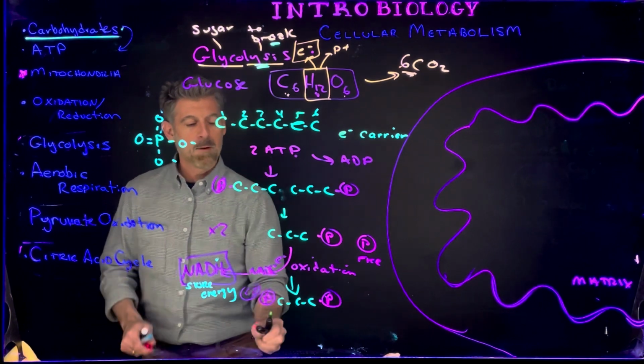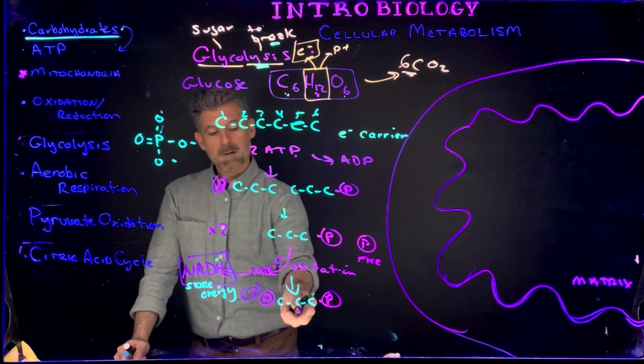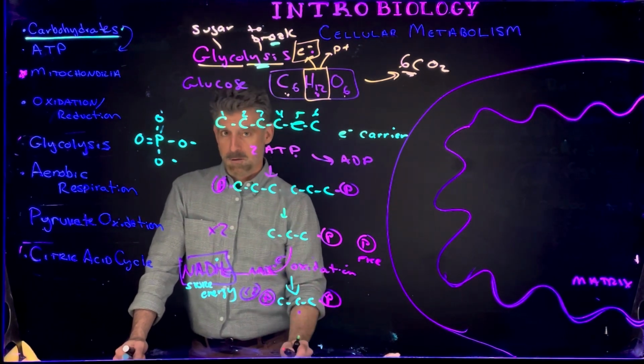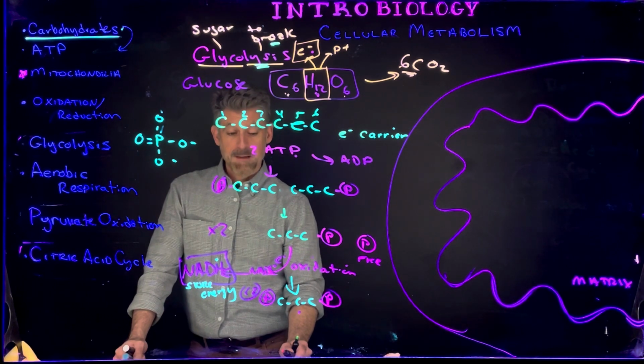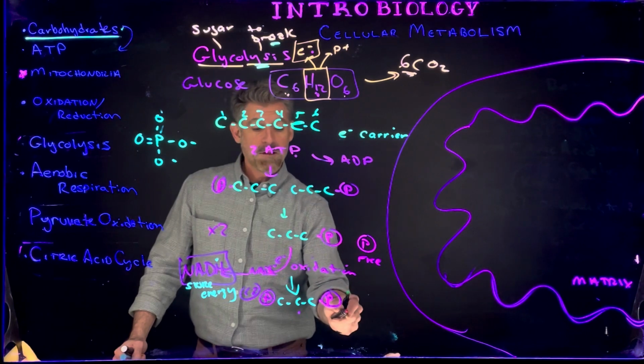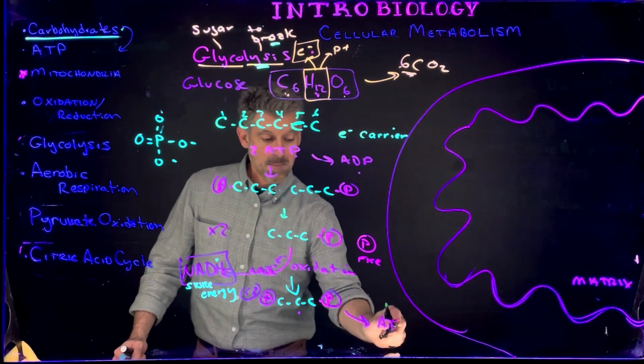So we end up with a sugar, well, piece of a sugar, half of a sugar molecule that then has these 2 phosphates attached to it. The next reactions strip off these phosphates. Okay, so that gets stripped off, given to ADP to make ATP.